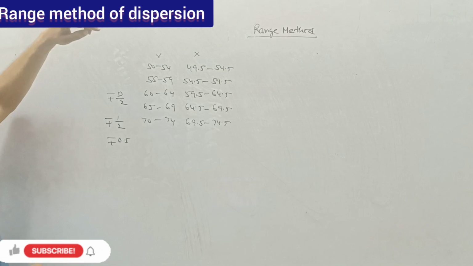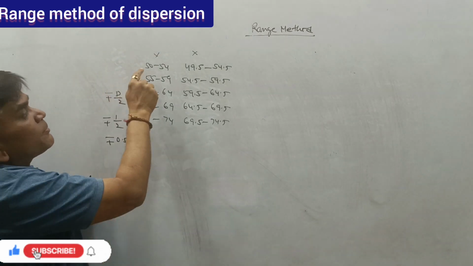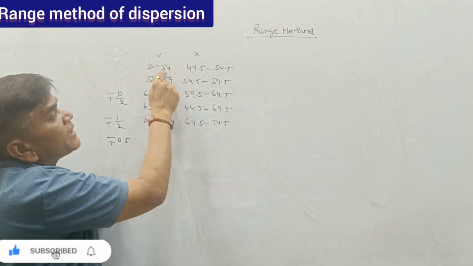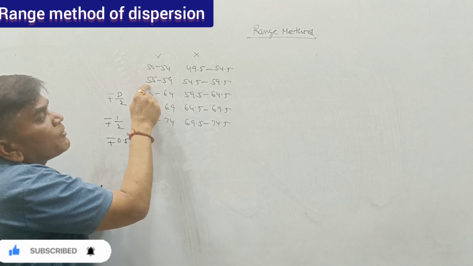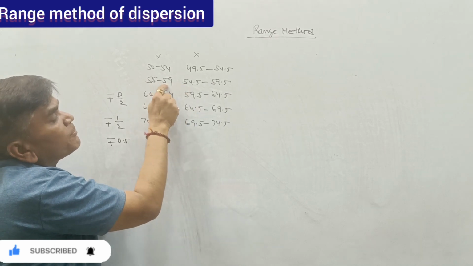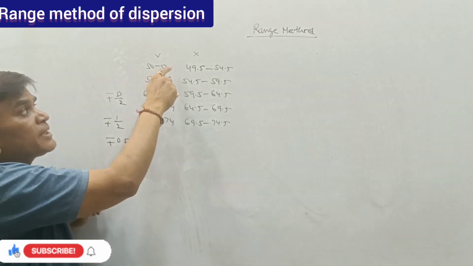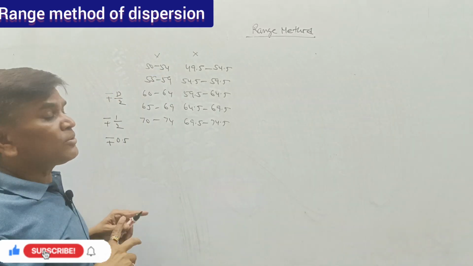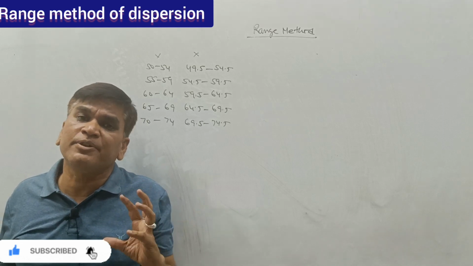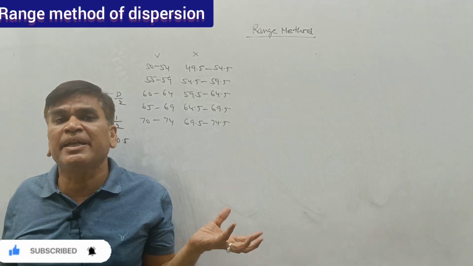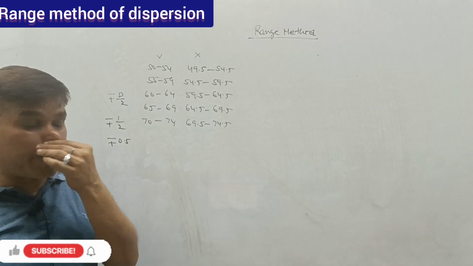We subtract 0.5 from 50 to get 49.5 and add 0.5 to 54 to get 54.5, and so on. The difference is 1, divided by 2 gives 0.5, so the lower limit is reduced by 0.5 and the upper limit is increased by 0.5.